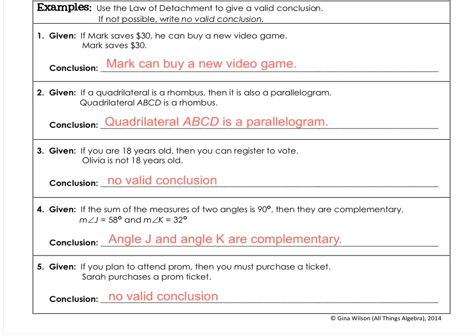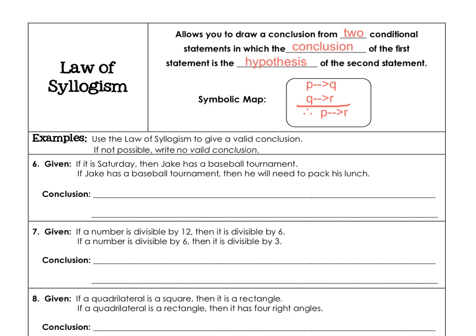So that's the law of detachment. Now let's look at the law of syllogism. The law of syllogism allows us to draw conclusions from two conditional statements in which the conclusion of the first statement is the hypothesis of the second statement. And the symbol map helps us to see that. So the conditional statement P implies Q would be our first conditional statement.